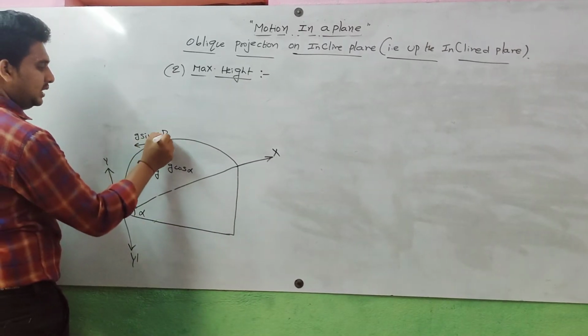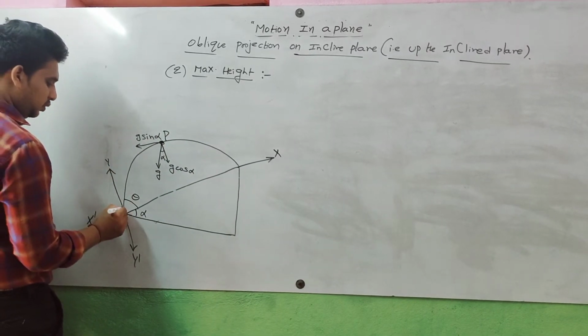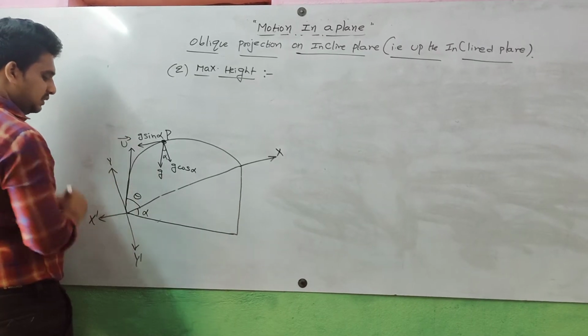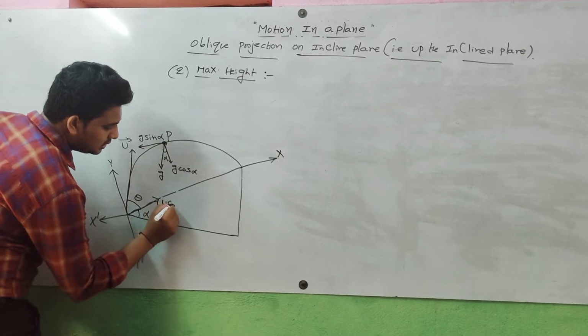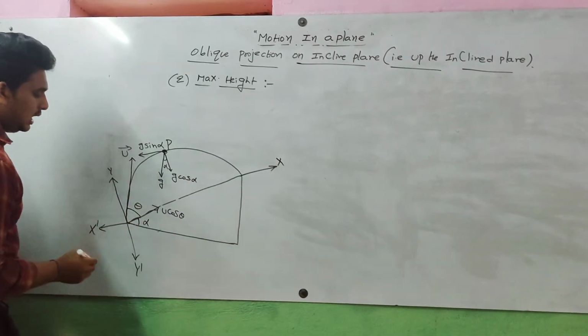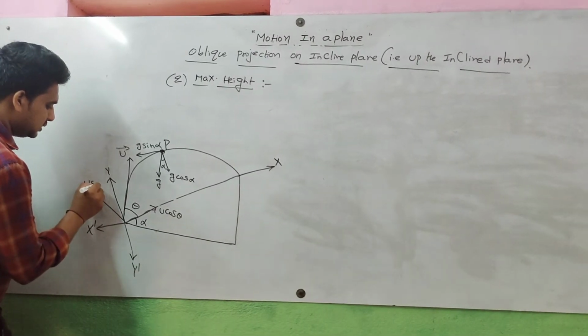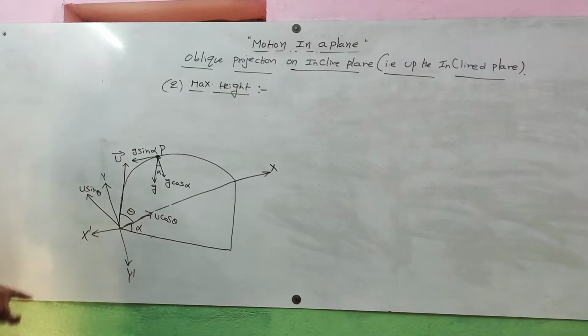This is point P, and the body is projected with initial velocity u. It splits into two components: u cos theta along the plane, and the vertical component u sin theta. This is the diagram.